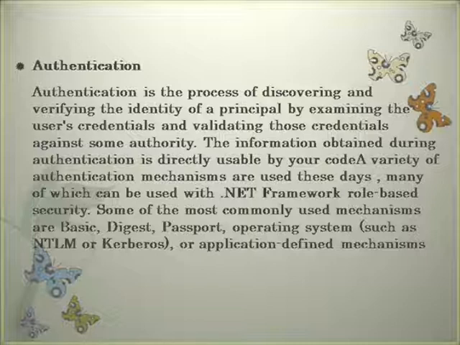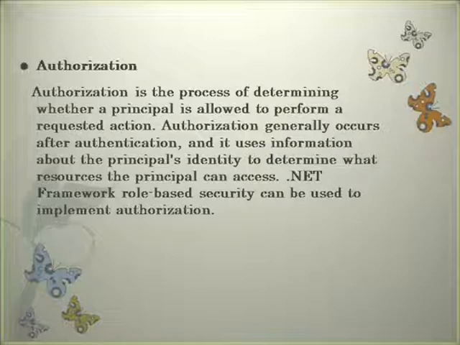Some of the most commonly used mechanisms are basic, digest, passport, operating system mechanisms such as NTLM or Kerberos, or application-defined mechanisms. Authorization. Authorization is the process of determining whether a principal is allowed to perform a requested action.